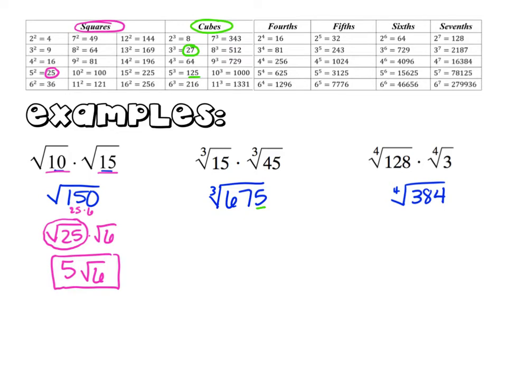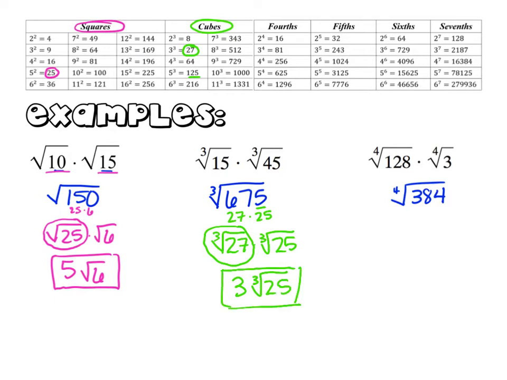So I can say 675 is really 27 times 25. So I have the cubed root of 27 times the cubed root of 25. The cubed root of 27 was a perfect cube. The answer to that was just 3. And then I still have the cubed root of 25.